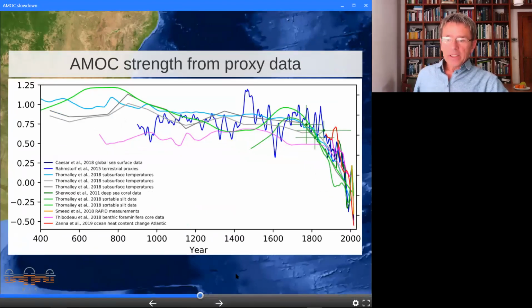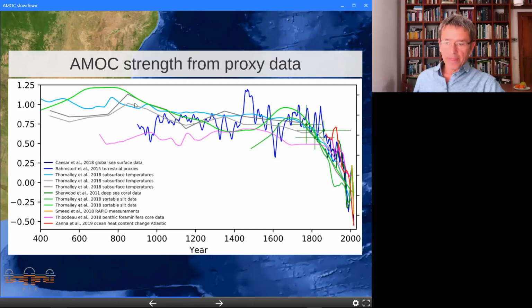In the meantime, a number of research groups have made proxy reconstructions from sediment cores in different parts of the Atlantic with different methods and try to reconstruct the strength of the Atlantic meridional overturning circulation from the proxy data. Here's the list of the papers that have done that.